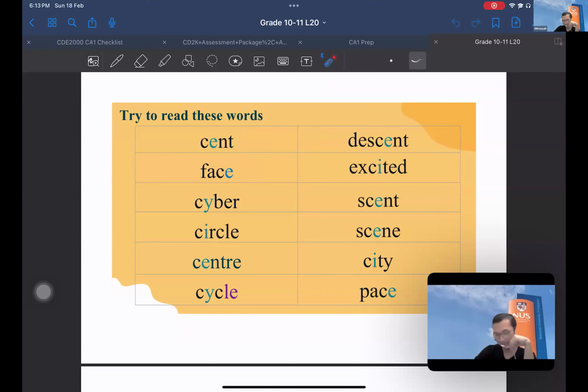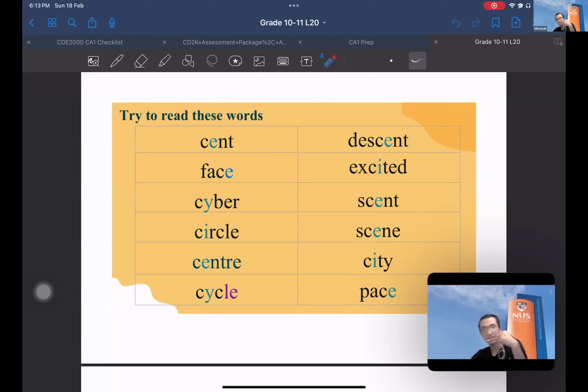So you can imagine it as D-E-S-E-N-T without the letter C. So all of the letter Cs in these words, you can just replace with the letter S, and that's how you pronounce it. So we have sense, we have descent, we have face, of course. Then we have excited, we have cyber, and this one starts with the letter Y, which is a consonant, not a vowel.